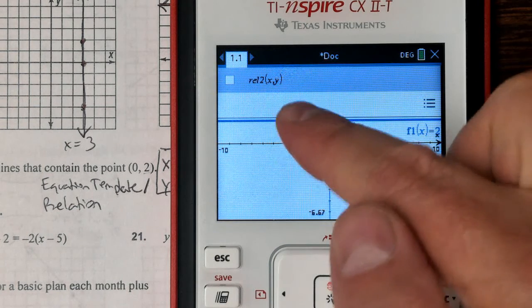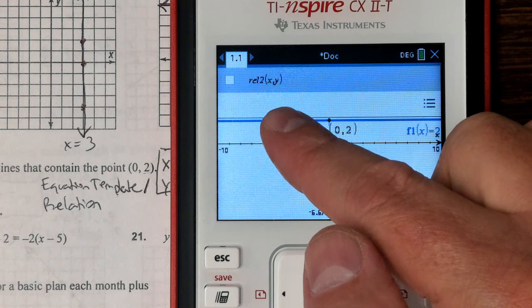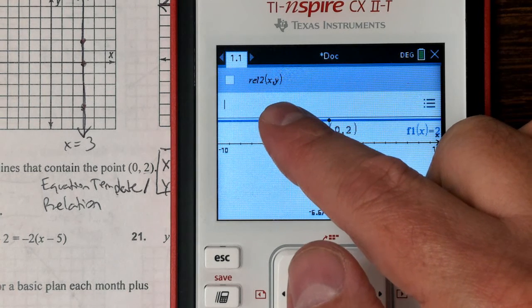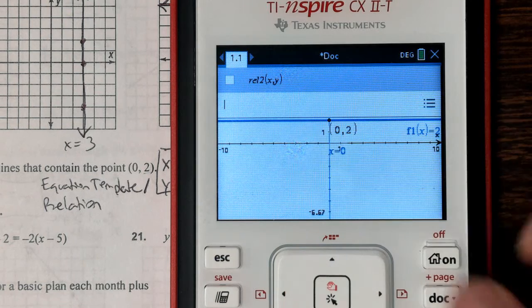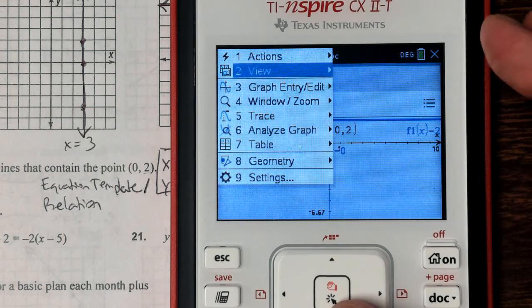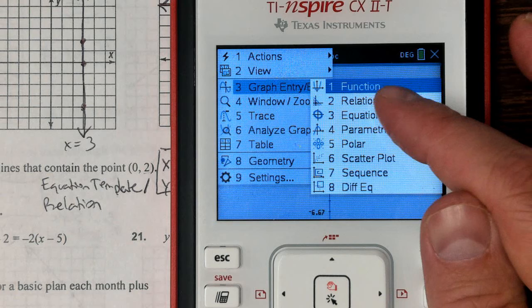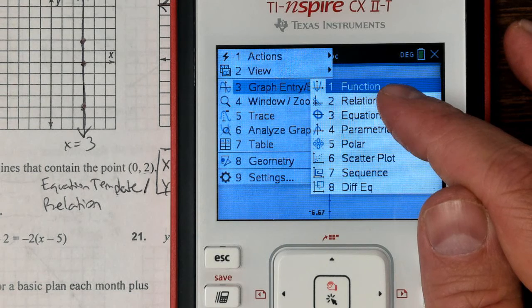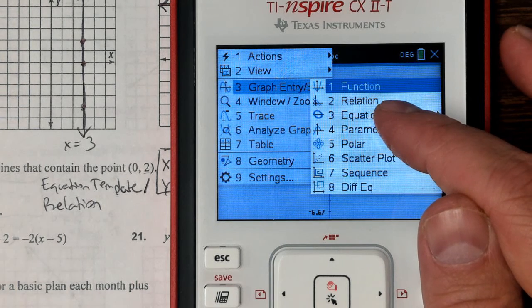Now, it's stuck in relation right here, so what you have to do is change it back to the F1, F2, that type stuff. So you go to Menu, Graph Entry, and then go back to Function. Remember, a function means x can't repeat. So that's why the relation was good for x equal.